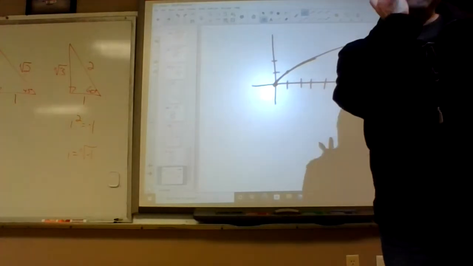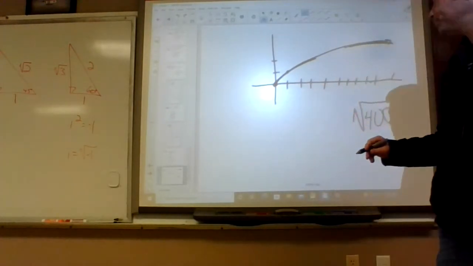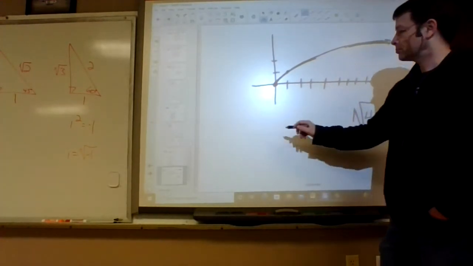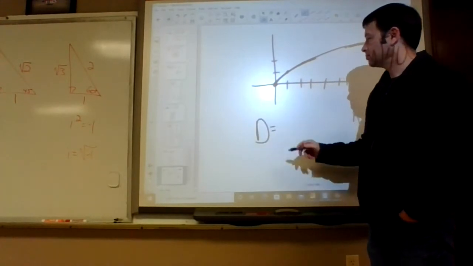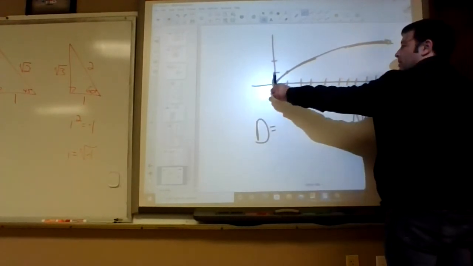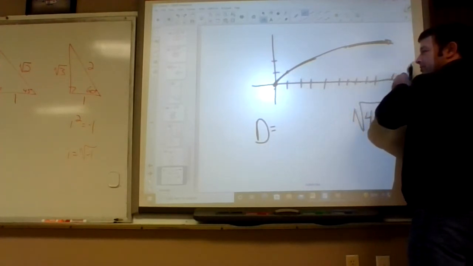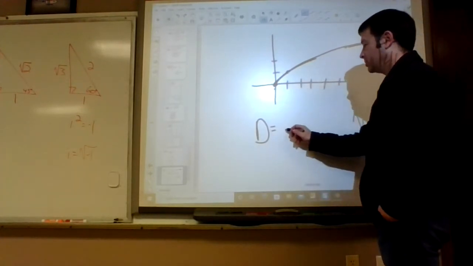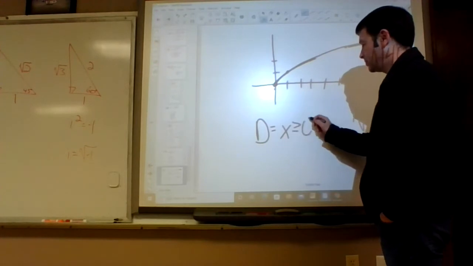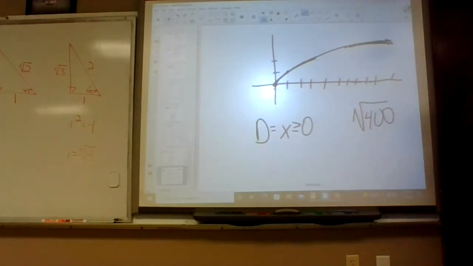Anyways, what's the domain? Greater than or equal to 0. The lowest x value is 0. This is for 12A, right? Yeah.